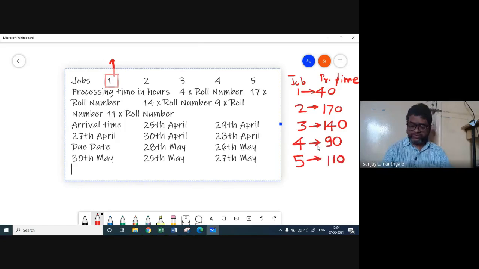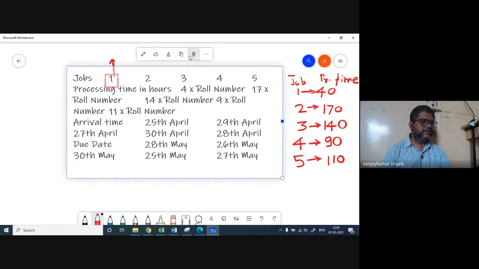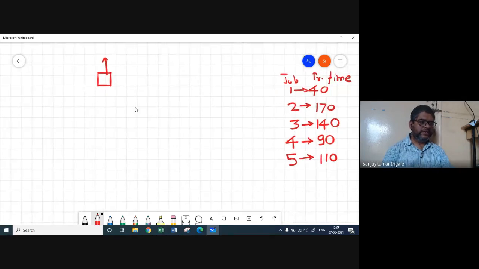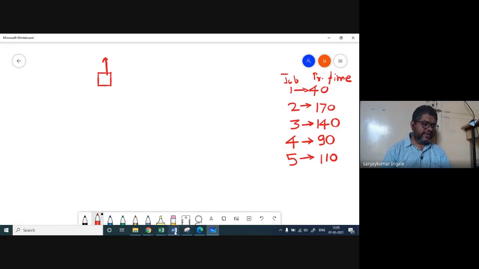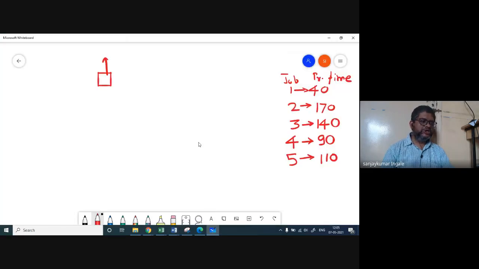Now, the criteria that was given: you have to decide the scheduling based on SPT. What is SPT? SPT is the shortest processing time.